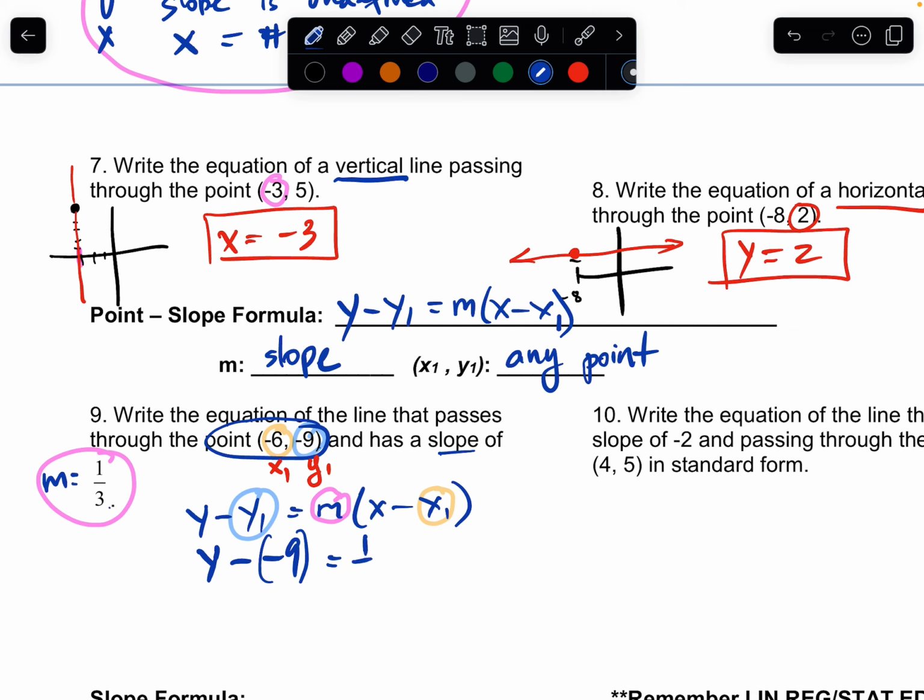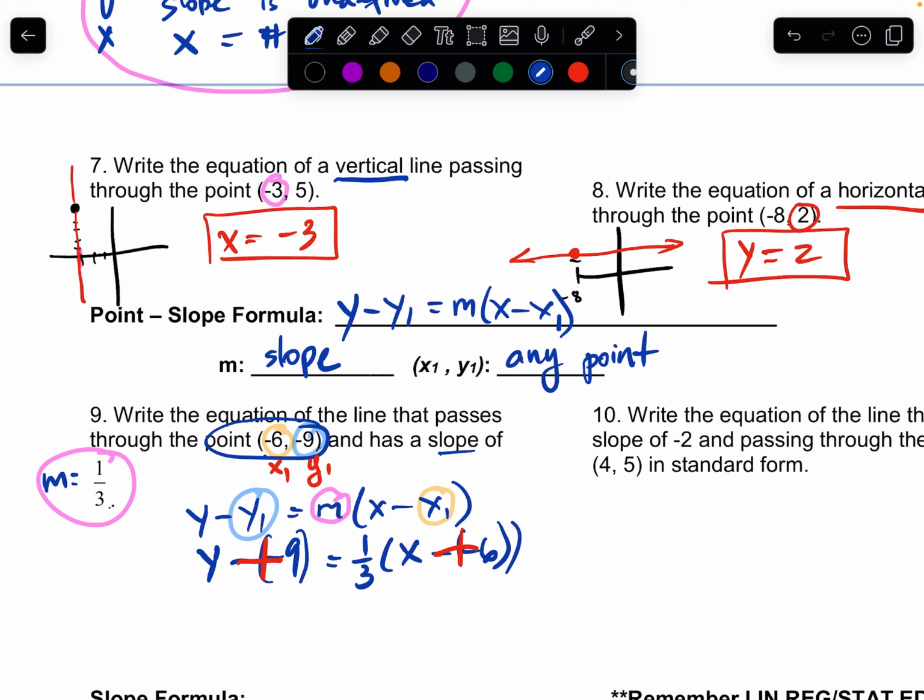That's equal to our slope, which is 1/3, times x minus our x1, which is -6. Let's clean it up. Negative and negative becomes positive.